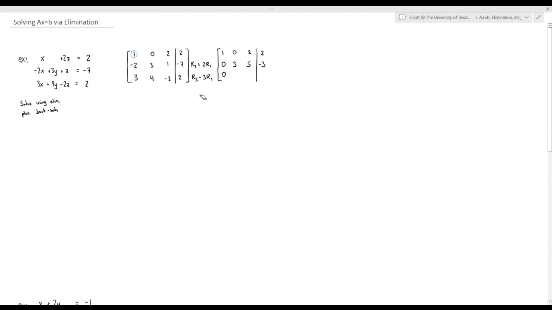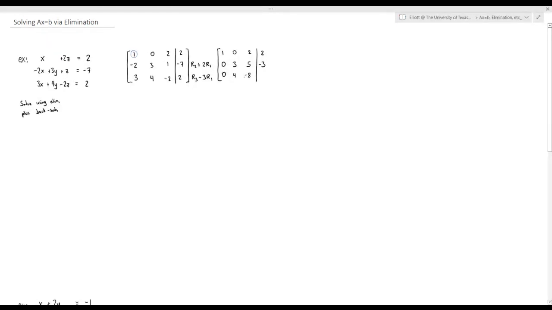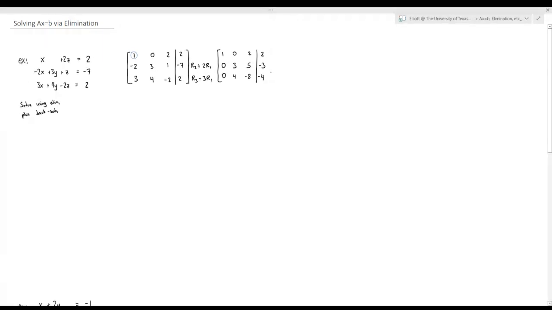So row 3 minus 3 of row 1. 4 minus 3 times 0 is 4. Negative 2 minus 3 times 2. So negative 2 minus 6 is negative 8. And then here we're going to do 2 minus 6, so negative 4. Okay.